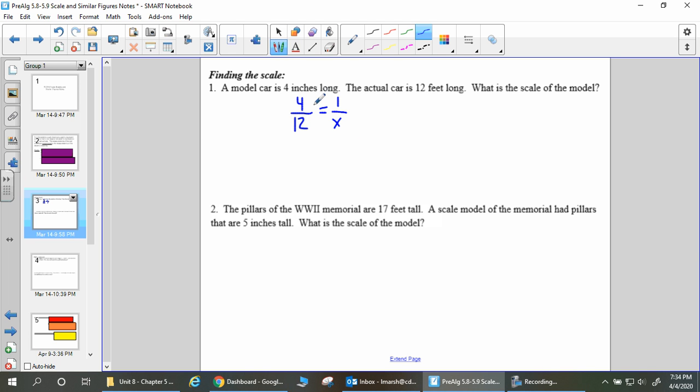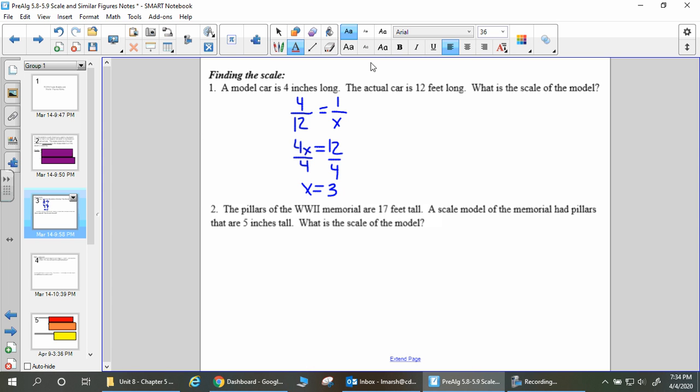So this means that 4 times x equals 12 times 1. Nice thing is you're always going to be multiplying by 1. It makes it very short and sweet. Divide both sides by 4, and we get that x equals 3. What you want to do is write the scale.